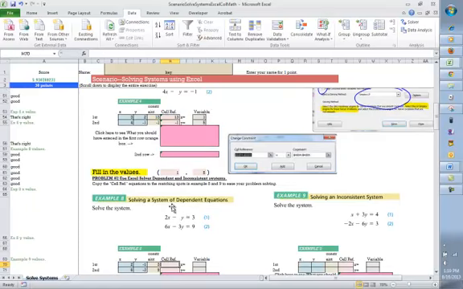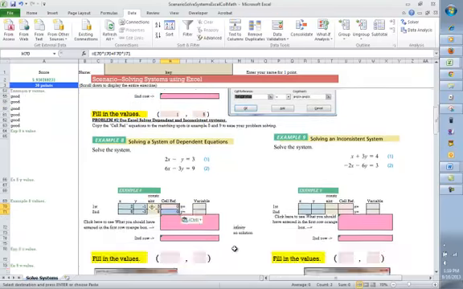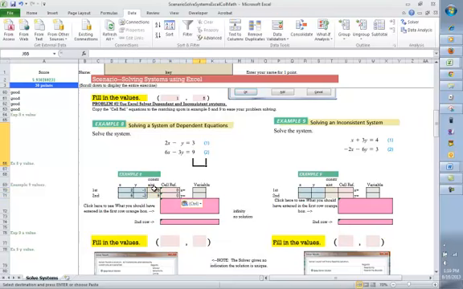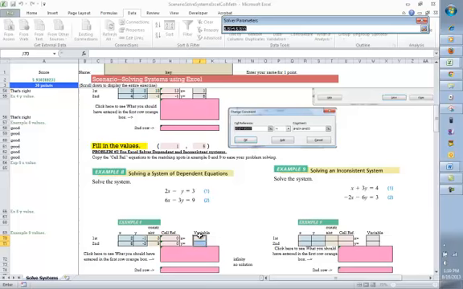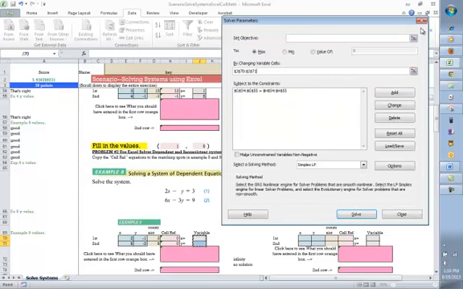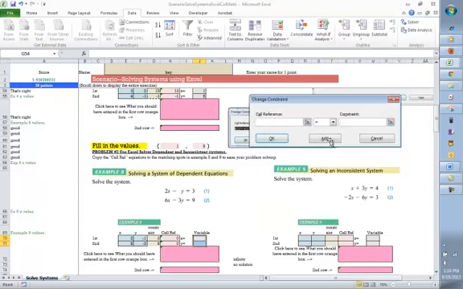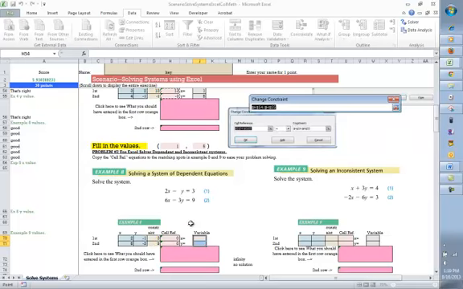I'll tell you what, why don't we copy the cell references from up here because they are in the same spots, and then we won't have to type them over again. And highlight our two things that we're going to use for Solver. Those two cell references, according to the constraints where these two boxes are equal to these two boxes.